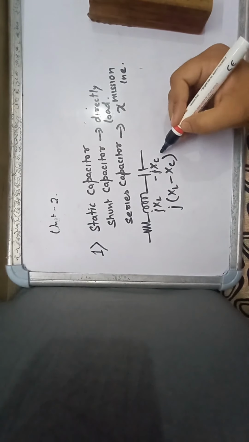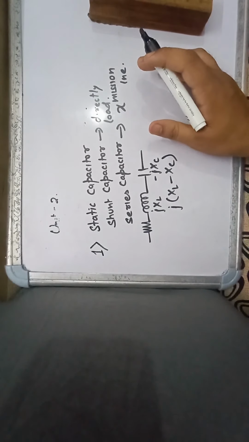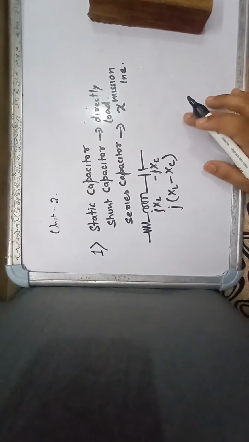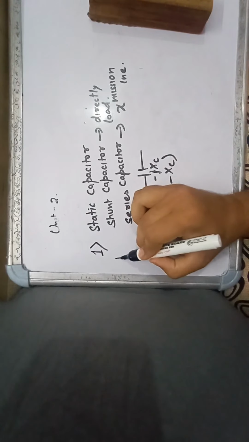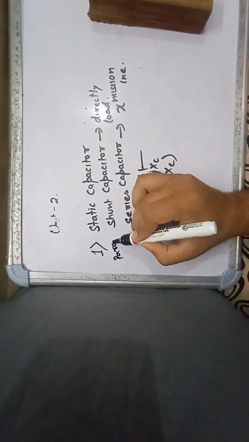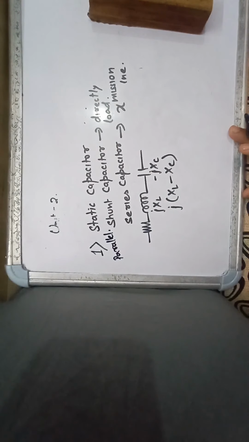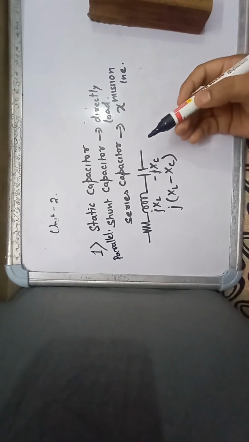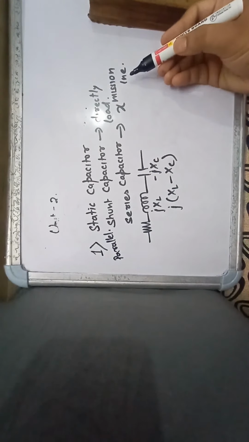So this also helps in improvement of your power factor. Okay, so this is what happens with your static capacitor, adding a shunt capacitor directly across a load, attaching it in parallel. Okay, if you don't want to use parallel capacitors, you just use a series capacitor, but the applications are different. Here it will be directly to the load, here it will be directly to the transmission line.